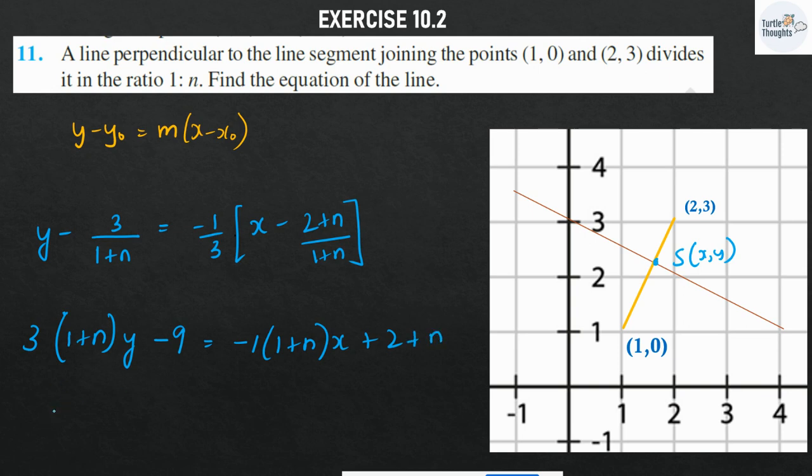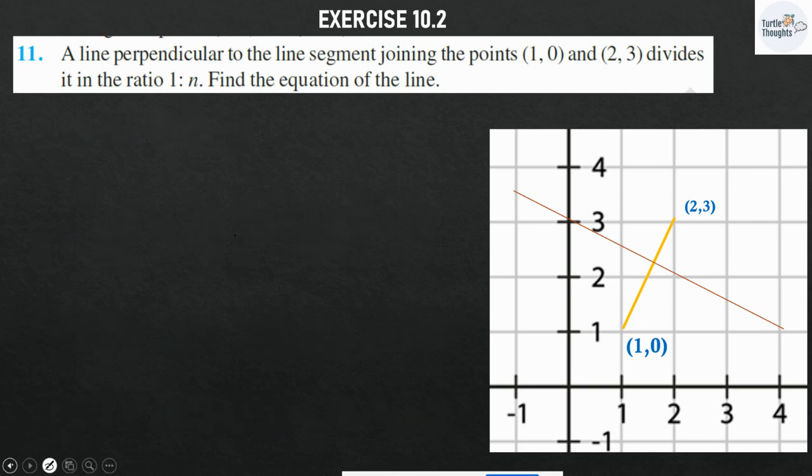So again I will be taking 1 plus n as common, so 1 plus n times x plus 3 into 1 plus n times y, so 3 into y minus n minus 9, minus 2, which is going to be equal to 0.